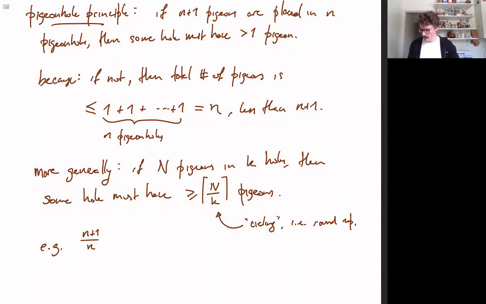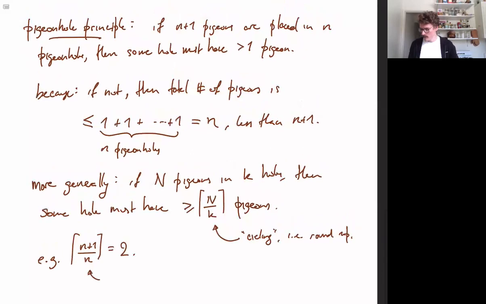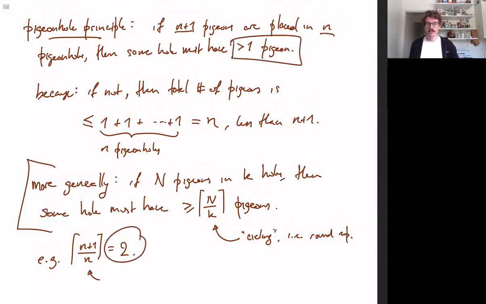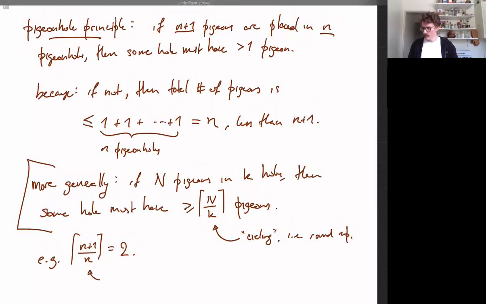So the claim is that the ceiling of this is equal to 2. And that's why, if we take this statement and do it in the case of n plus 1 and n, we get the same thing, because it's telling us there's at least 2 pigeons in some hole.